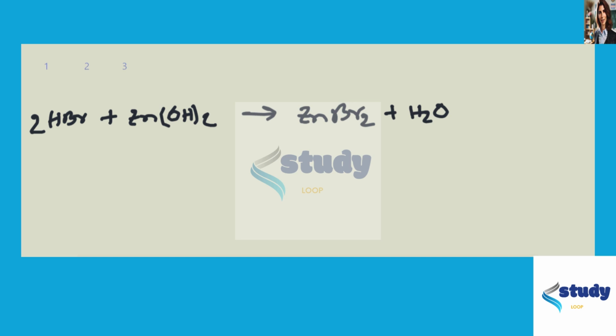Now we can find out that 2 moles of HBr react with 1 mole of zinc hydroxide.